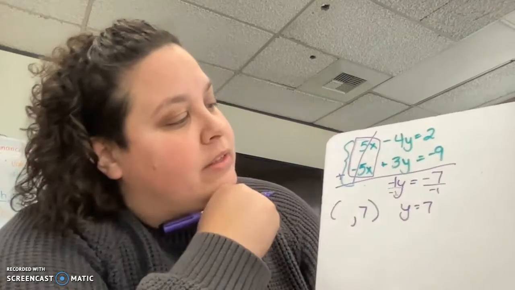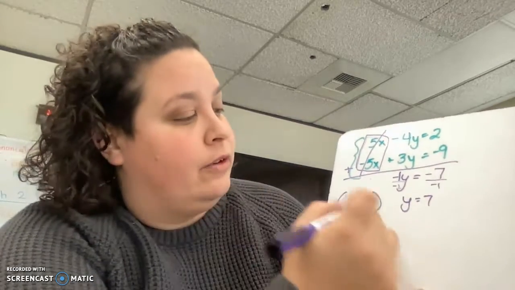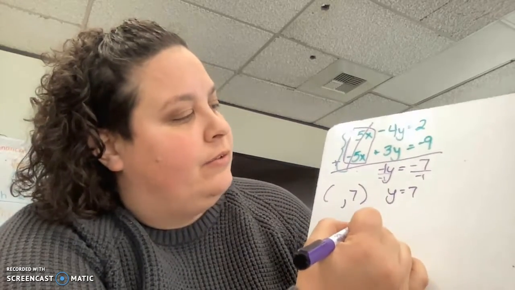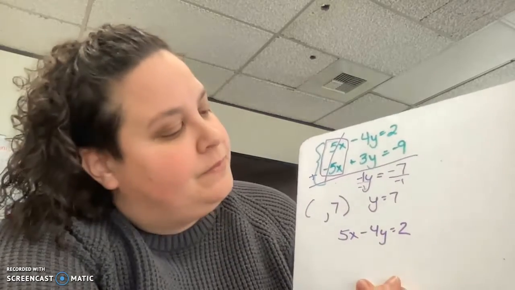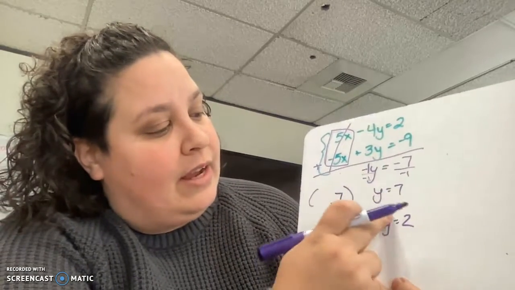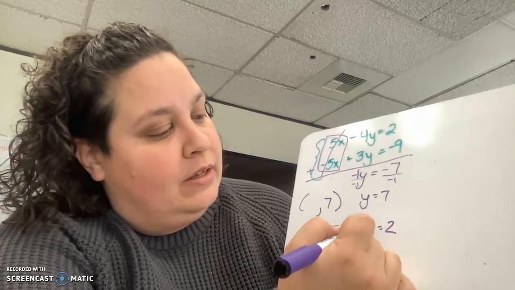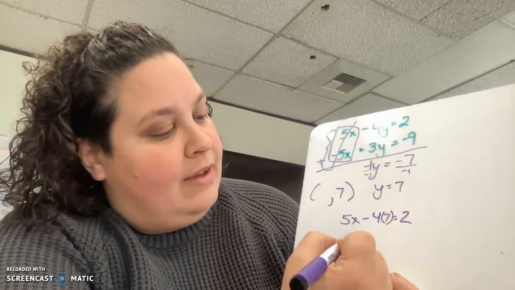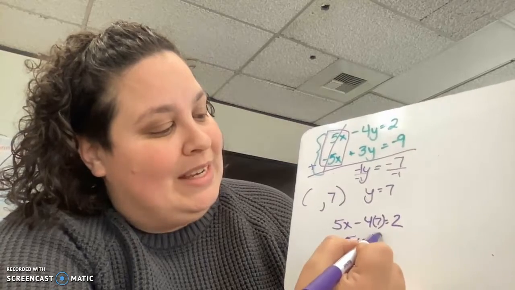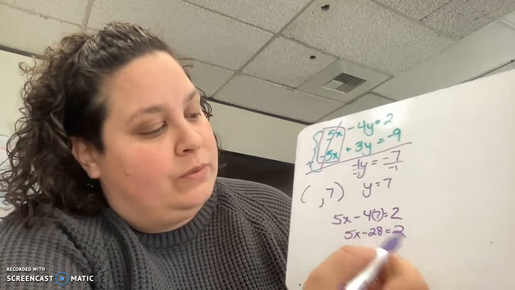I'm going to pick one of the top two equations, whichever one looks easier for me. I think the top one, 5x minus 4y equals 2, because it has less negatives. And I'm going to take that 7 that I got for y, and I'm going to plug it in for my y. So I'm going to multiply, so I have 5x minus 28 equals 2.